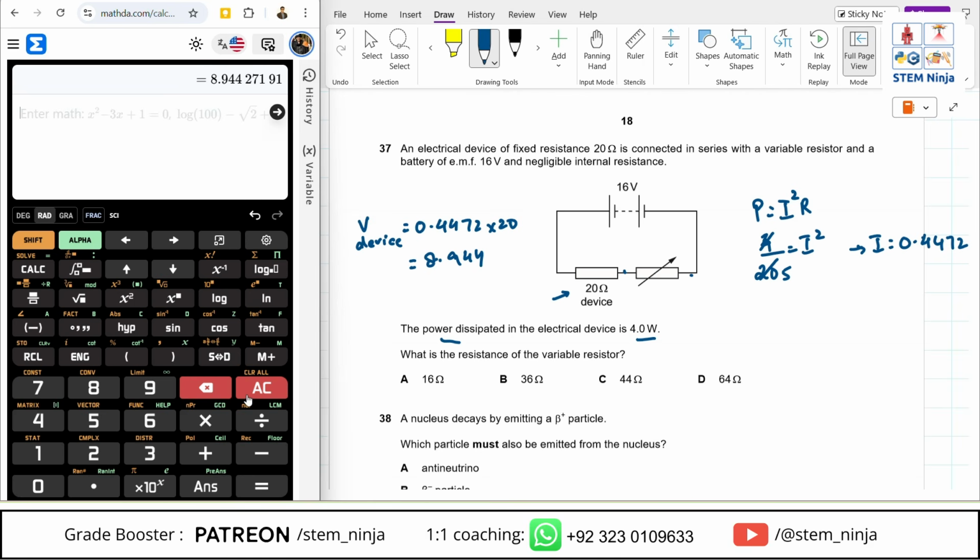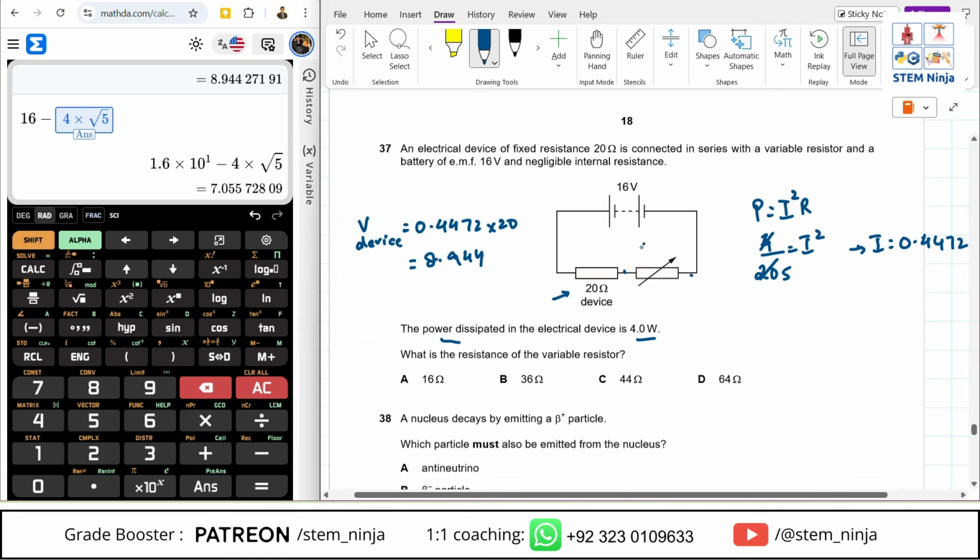So 16 minus the answer, that is 7.055. So the potential difference across this is 7.055 volts.